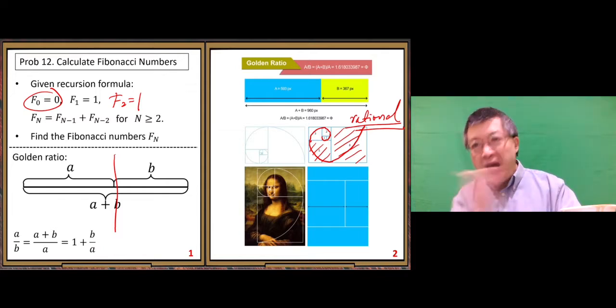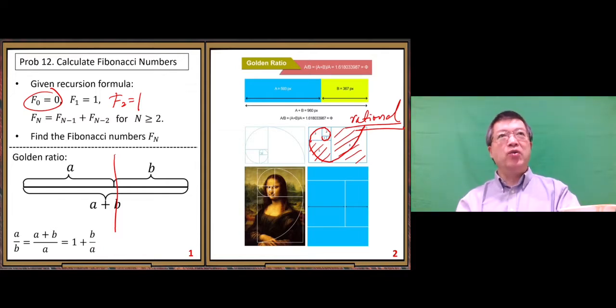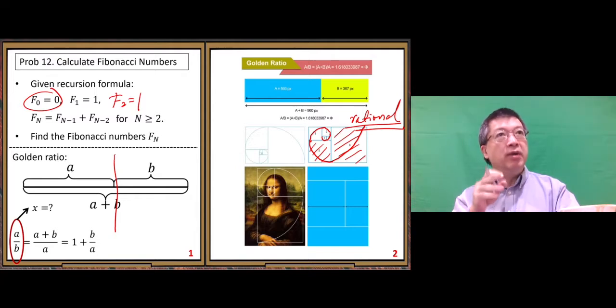After this simplification, now we want to know the exact number of A over B. So we use another variable, X, to represent this ratio.